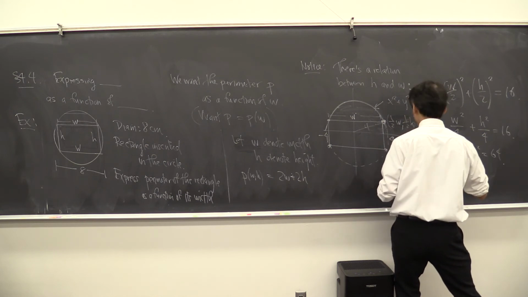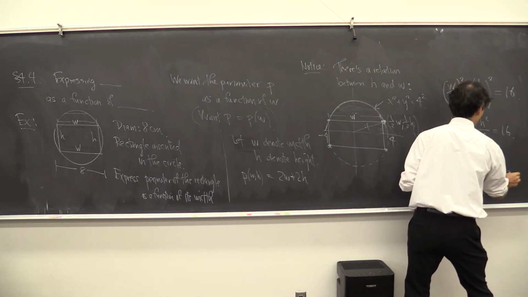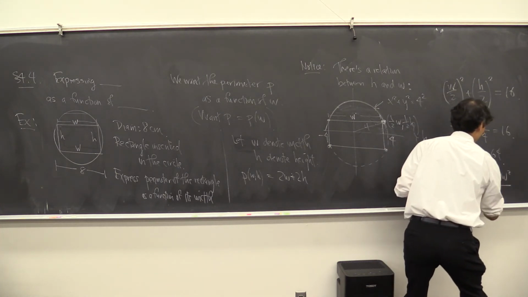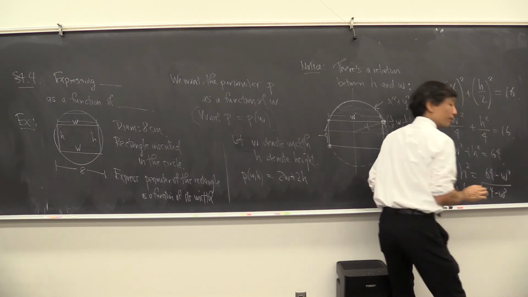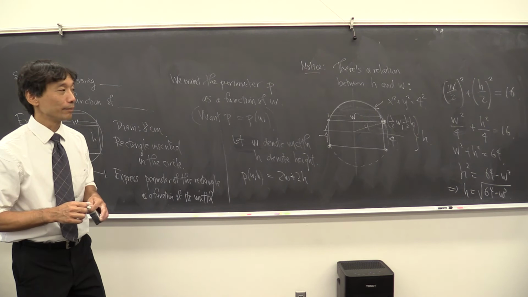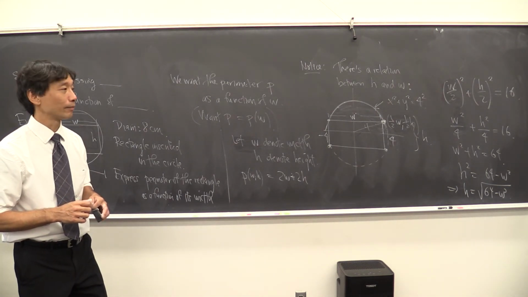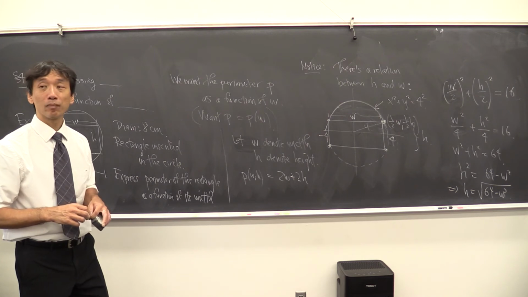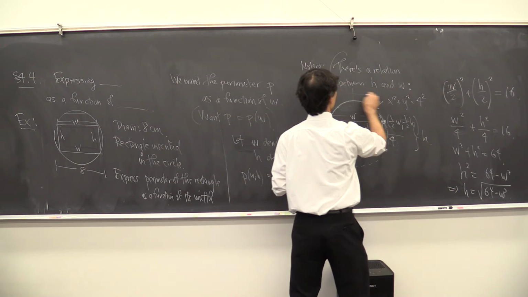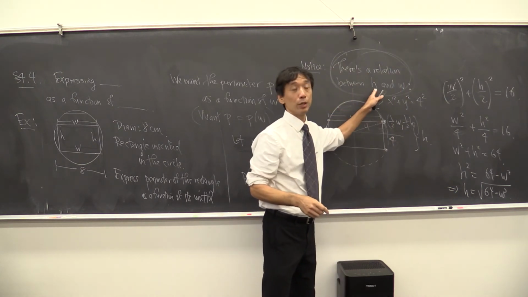In other words, h squared equals 64 minus w squared, or h is the square root of 64 minus w squared. Okay, so there is a relation. You can actually express h in terms of w.